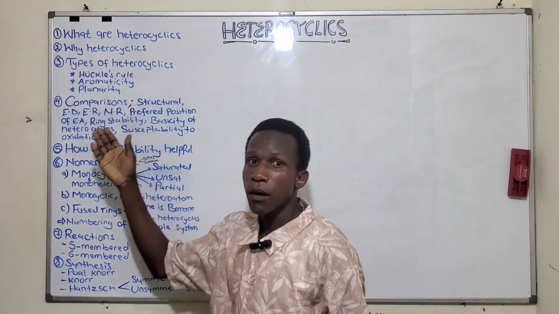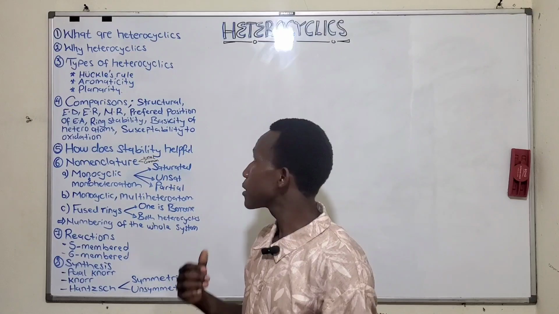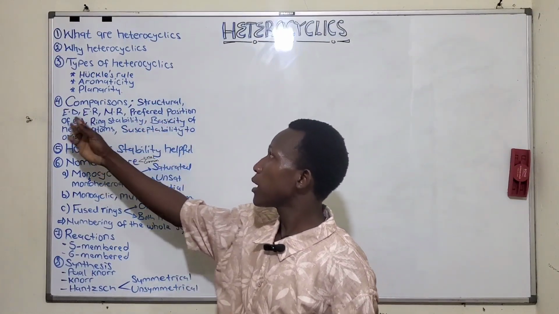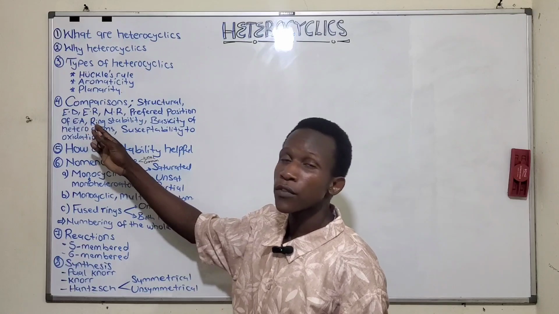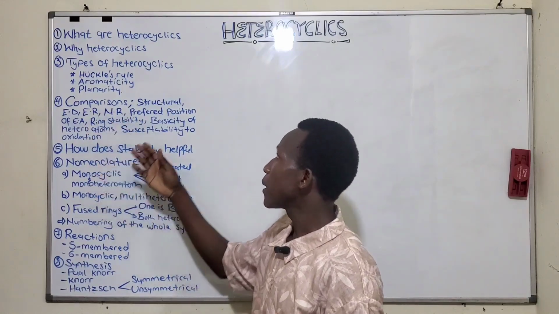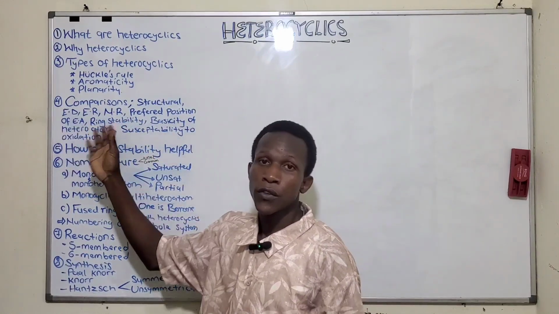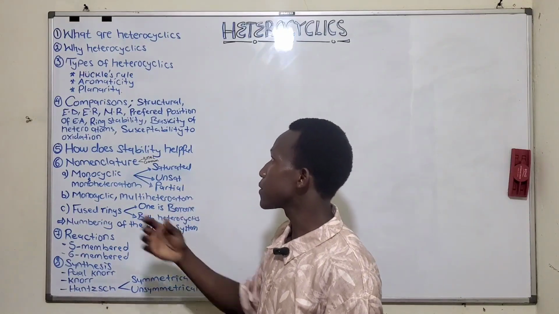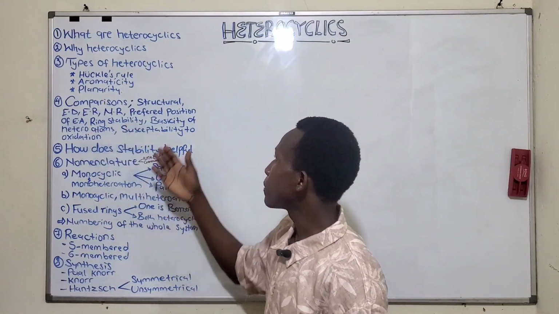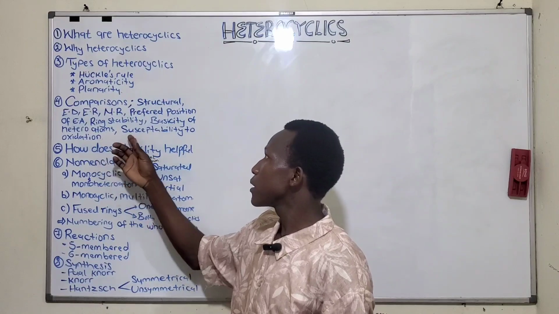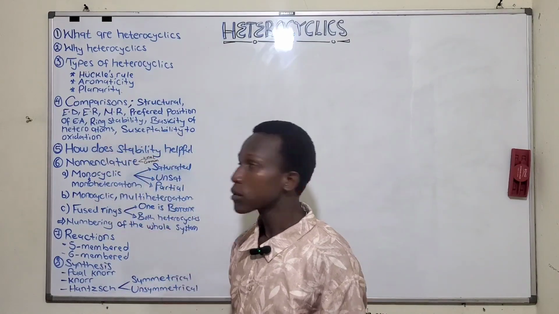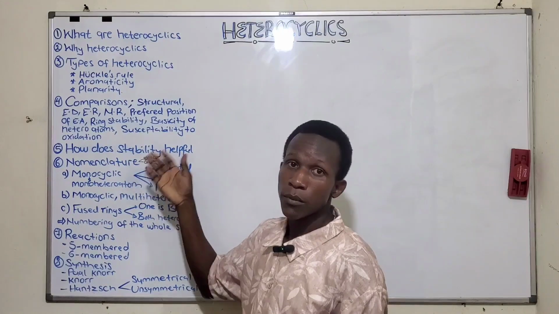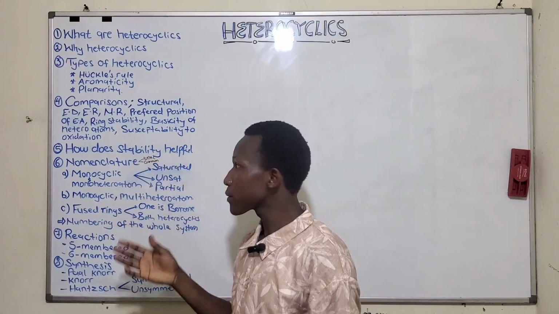Then comparisons among different heterocyclic compounds: the structure, electron density, electrophilic and nucleophilic reactivity, the preferred position of electrophilic attack, which positions are more preferred than others. Then the ring stability, basicity of the heteroatoms, and susceptibility to oxidation. How does this help the stability of the heterocyclic rings?